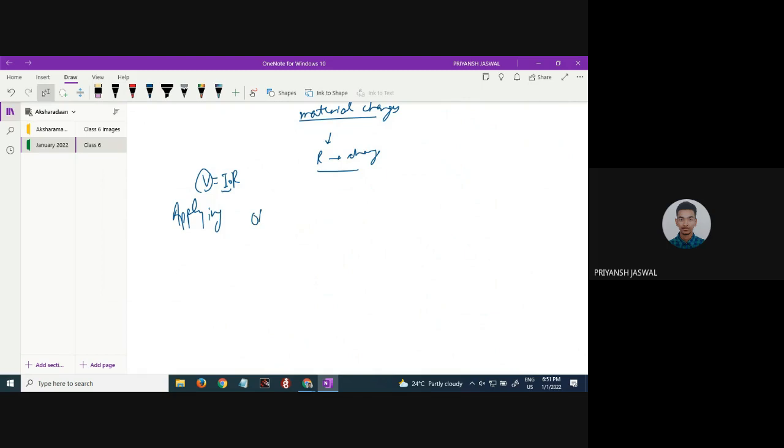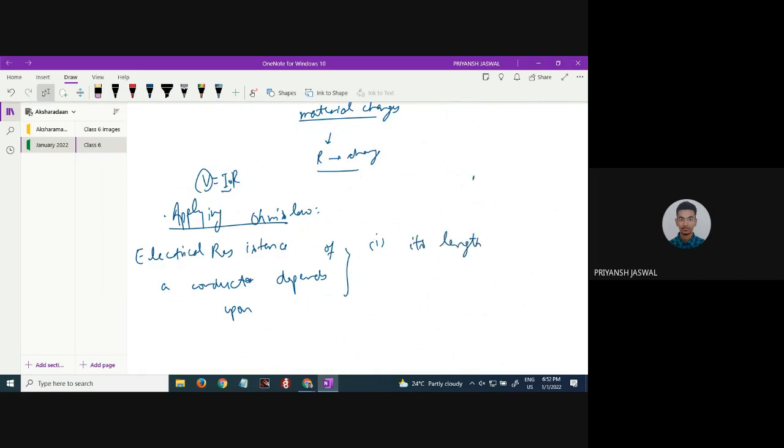Applying Ohm's law, we can conclude the above observations as: the electrical resistance of a conductor depends upon, number one, its length, that is, how long the wire XY is.